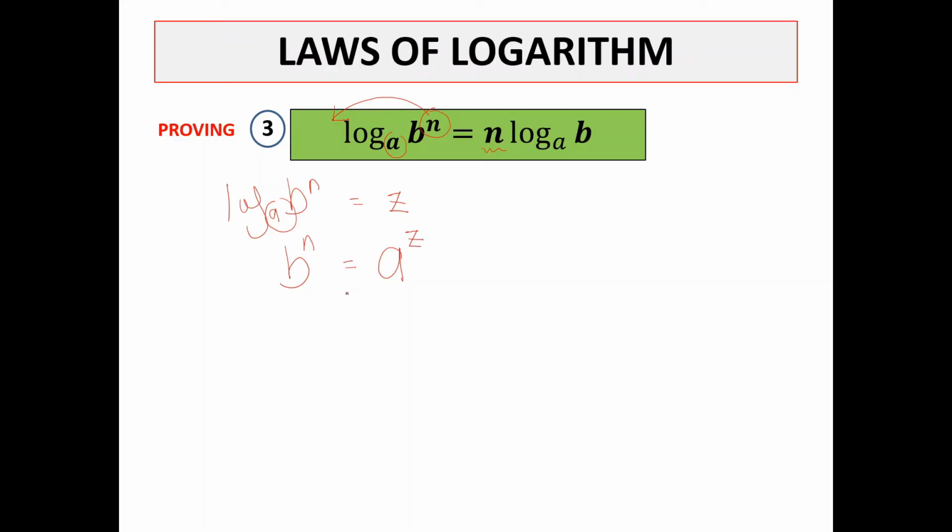And then we want to eliminate the power of n for the b. If you want to eliminate the power, just raise to the power of 1 over n, applied to both sides. You can have now the power of 1 over n on both sides. So now we will have b equal to a to the power of z over n.